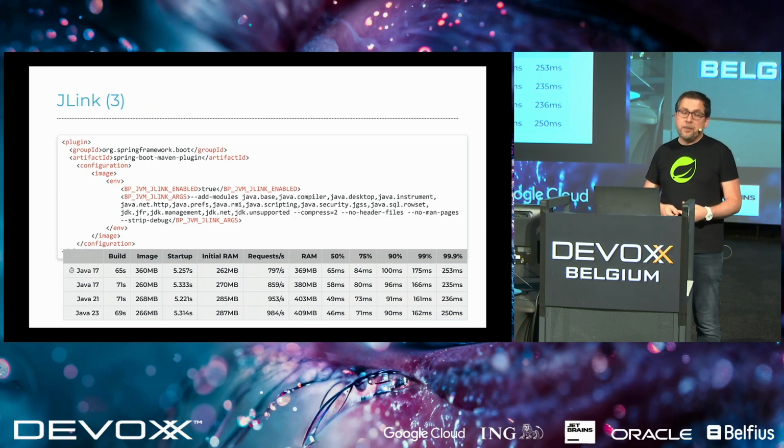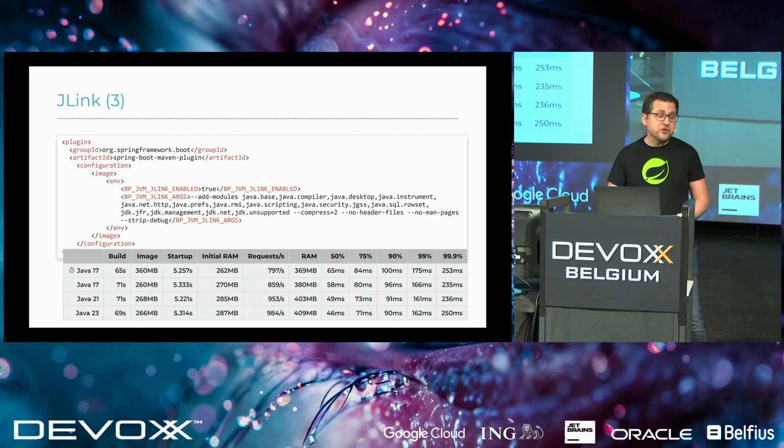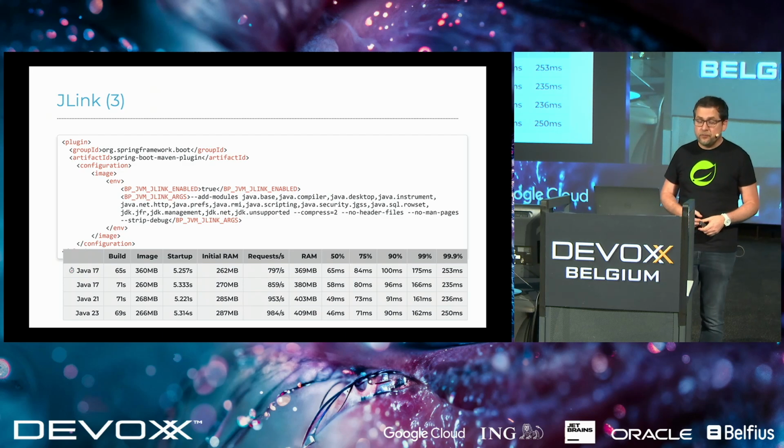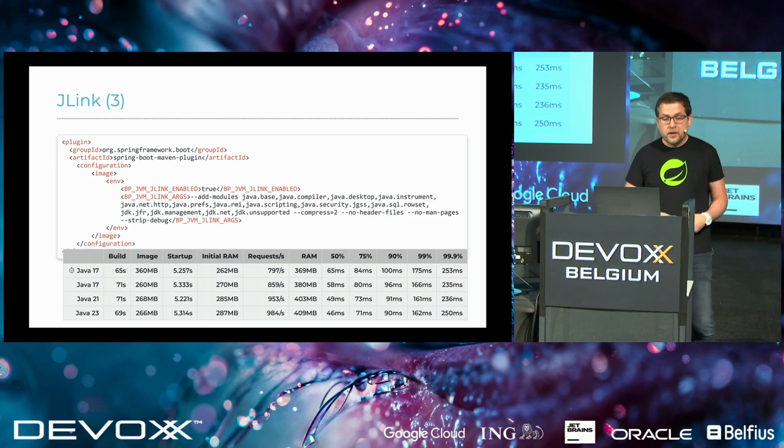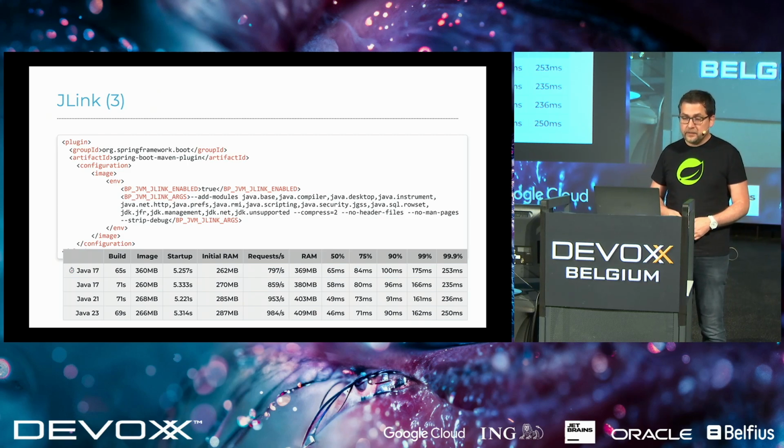I say, for example, I'm going to compress the whole JVM, so the zip is a little bit stronger. I say I don't need header files, I do not need man pages. I remove the debug information as well. So that means this way, I can shrink down my image size as well, right? And you can see also from the numbers, we are roughly in the same ballpark still, compared to the regular JVM for the startup and so on.